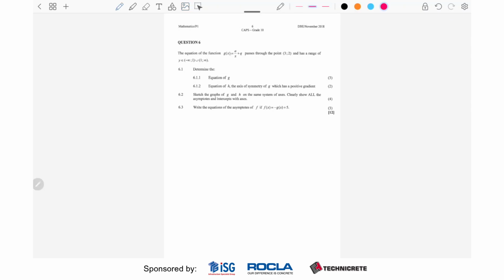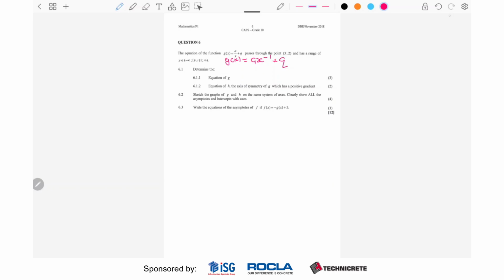Scratch that, sorry, I made a mistake. This is actually a hyperbola graph because this can also be written as a times x to the power of negative 1 plus q.